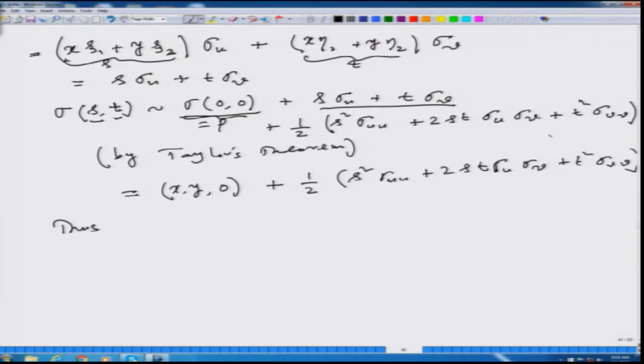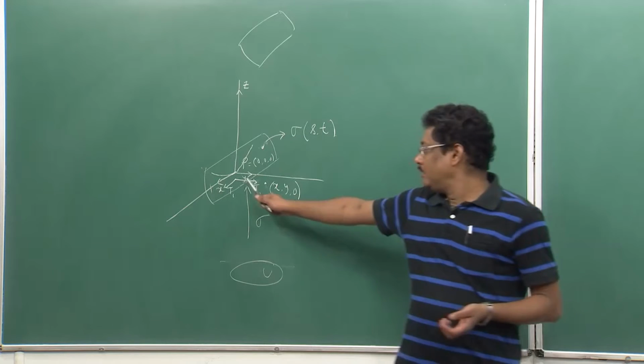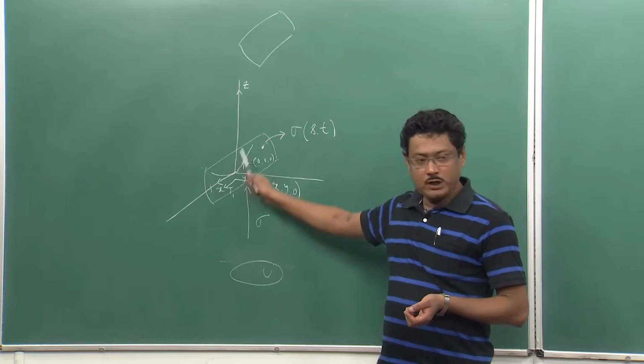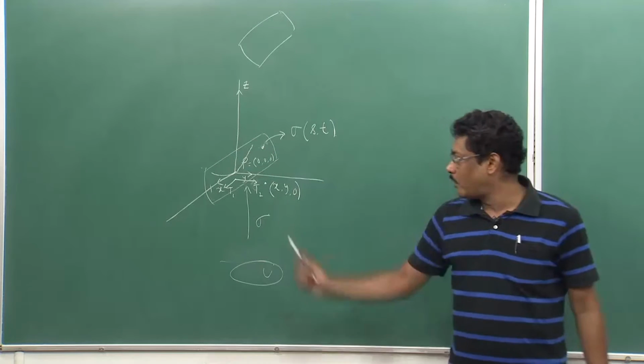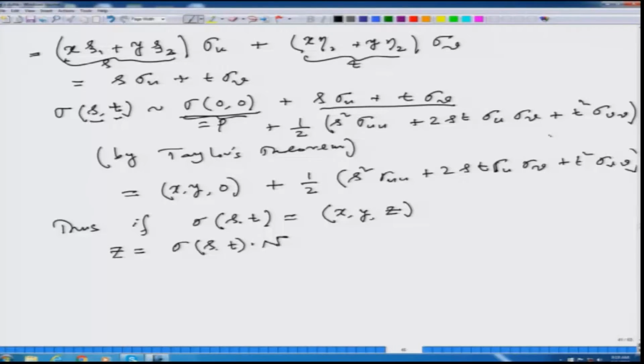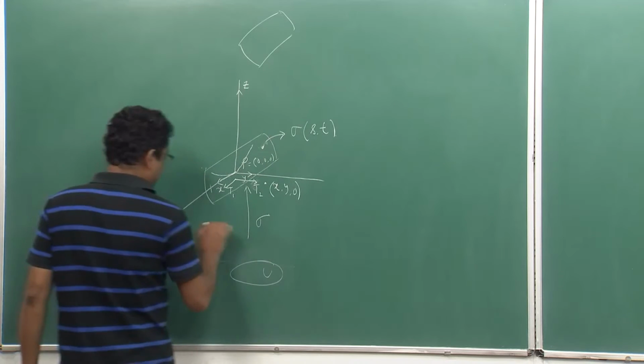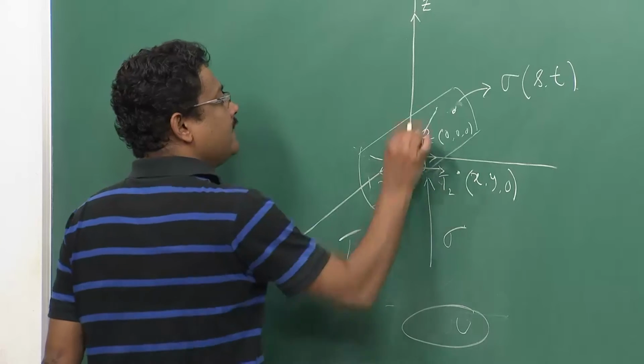Thus, if sigma s t in terms of the surface coordinates is x y z on the plane, then what is z? It is sigma s t dot n, because I have taken x y as the tangent plane. So, the z coordinate I get from the dot product of sigma s t with the normal, because the tangent plane is the x y plane, so the normal is along the z coordinate.